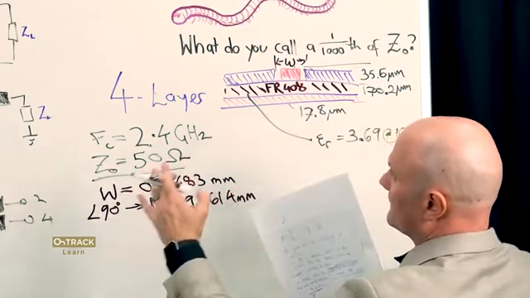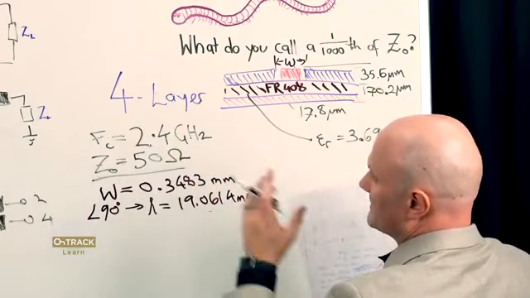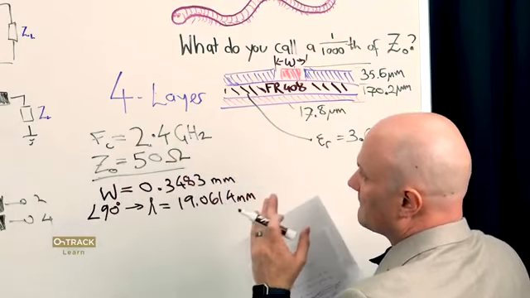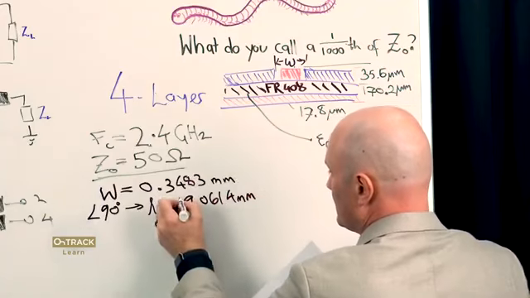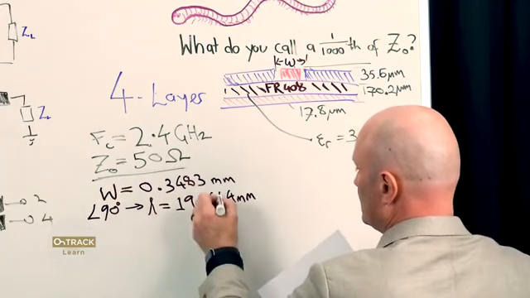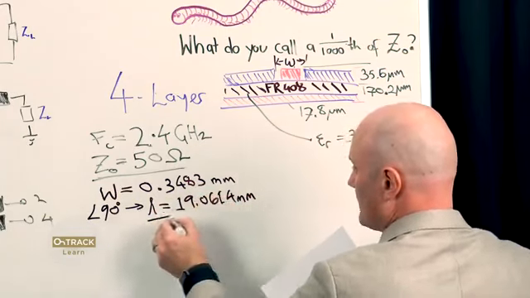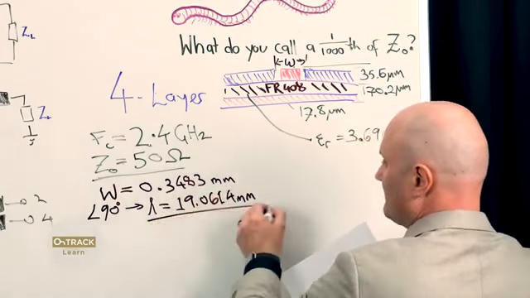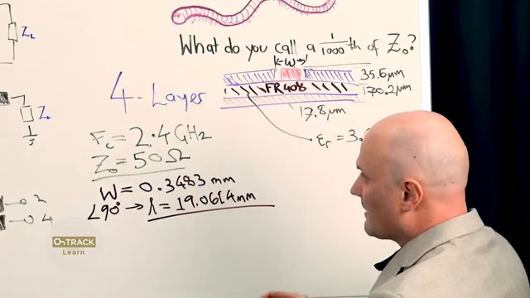Again, you don't want your frequencies of stubs and things to drift too far from center. You want to be within a few percent if you can do it. So that's a quarter wavelength, 19.0614 millimeters.